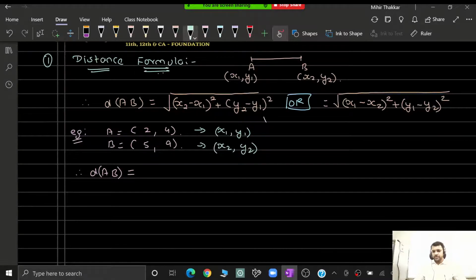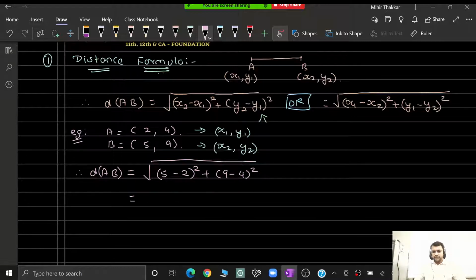So on substituting in the first formula, I will get the required answer: under root of (x2 minus x1), so 5 minus 2 the whole square, plus (y2 minus y1) the whole square, that is 9 minus 4 the whole square.